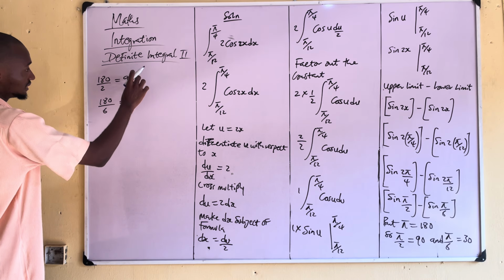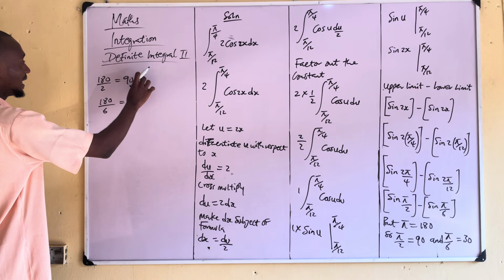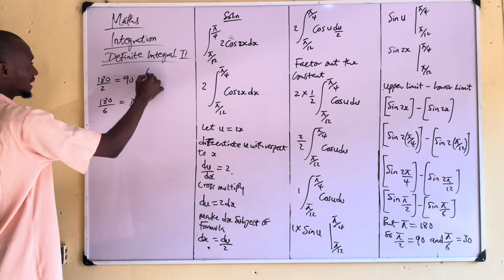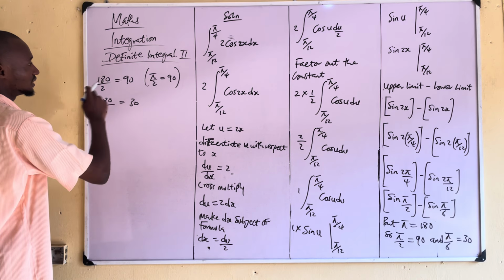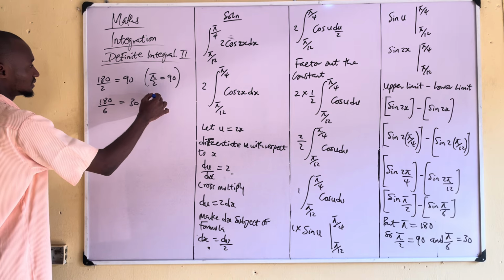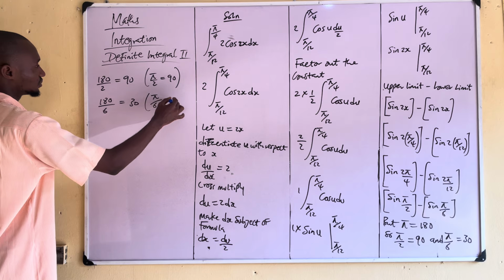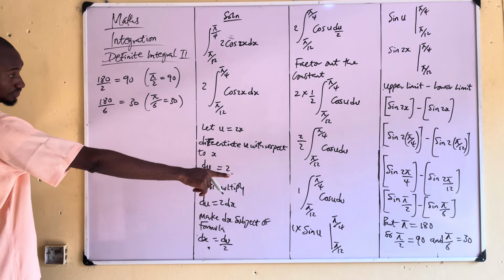That's why I said that pi over 2 is equal to 90, and pi over 6 is equal to 30.